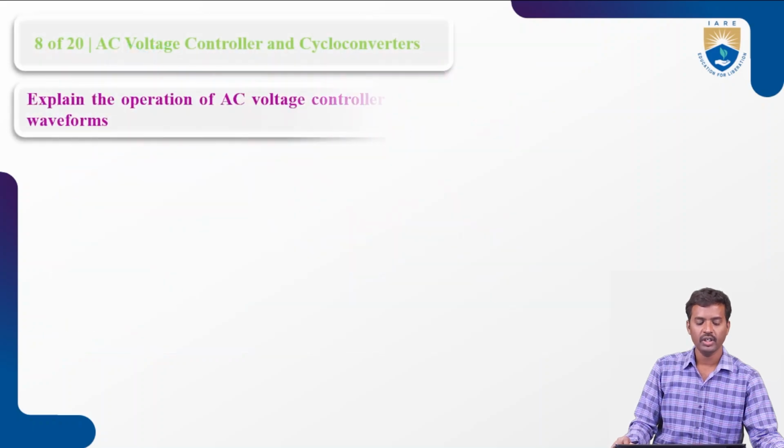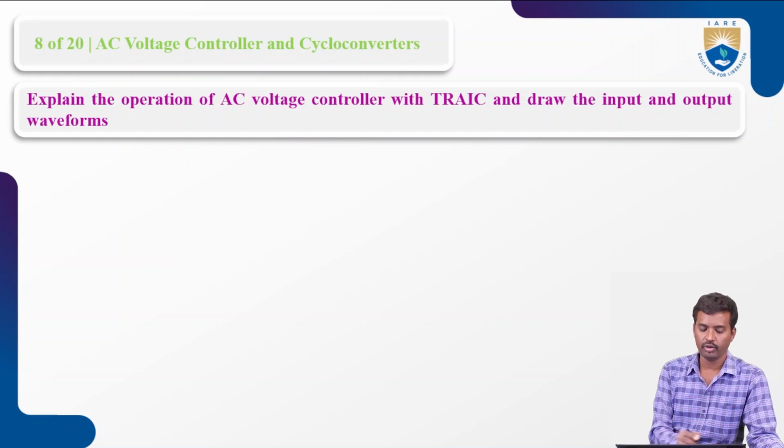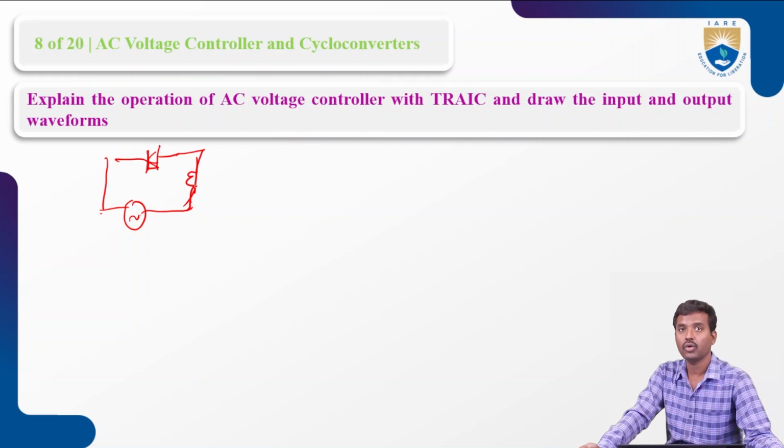Next, explain the operation of AC voltage controller with triac and draw the input and output waveforms. This diagram is also the same as the previous one. Here this is the triac, and there is a load: R load, RL load, and RLC.